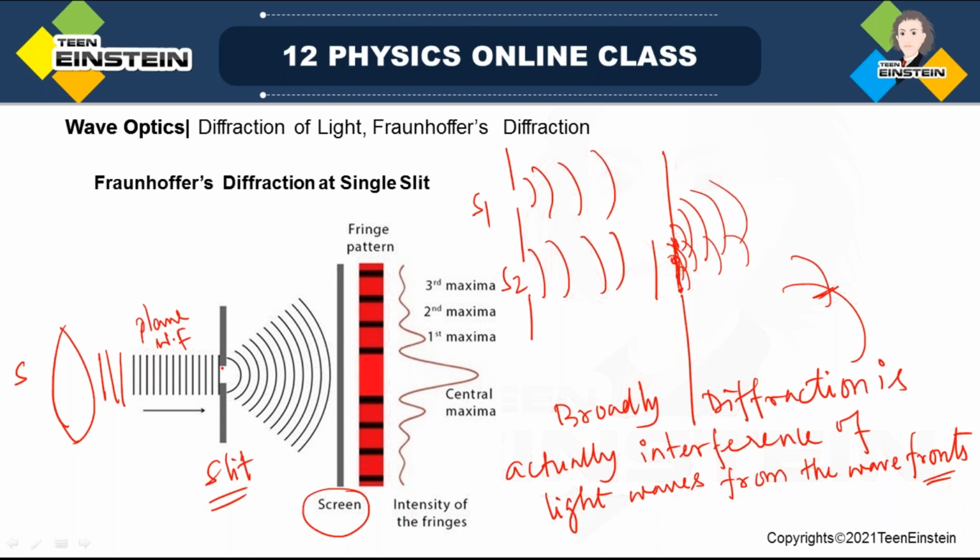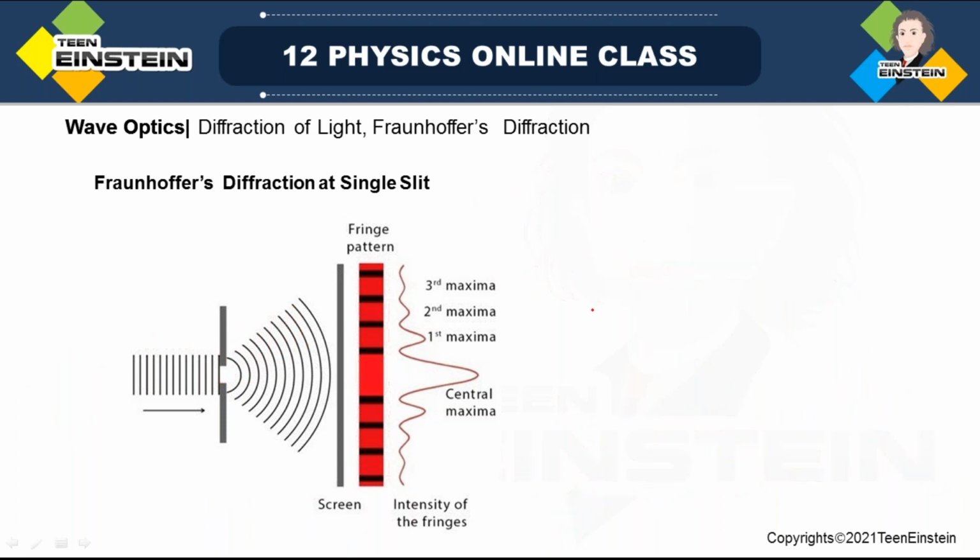In this single slit diffraction, light waves are coming from various point sources on the same wave front, and they interfere to give you the diffraction pattern. So this is actually interference, nothing more than that.